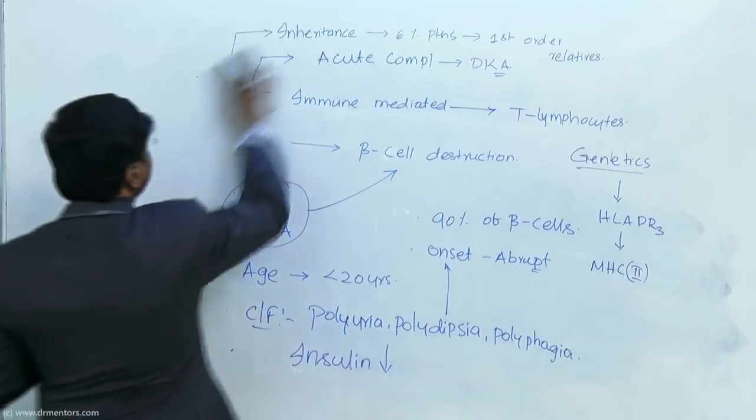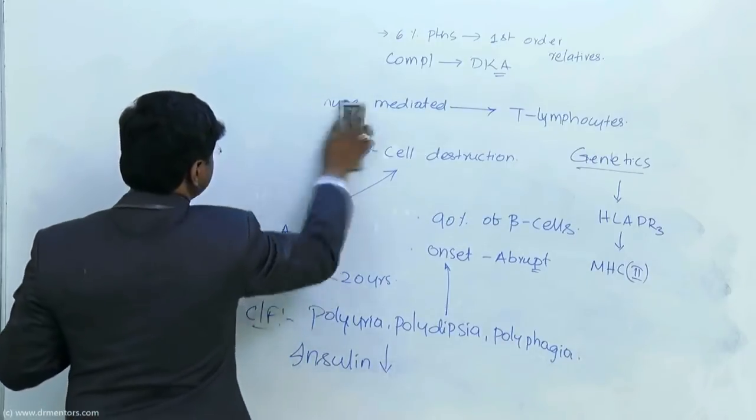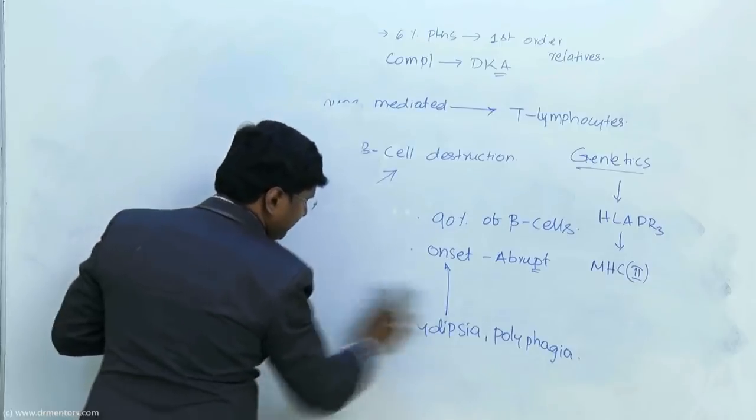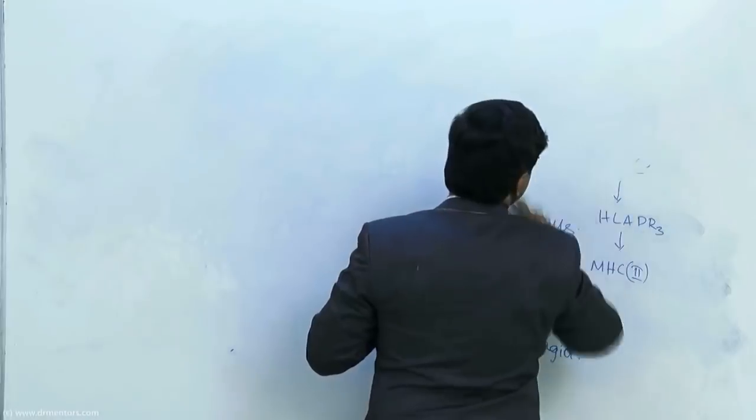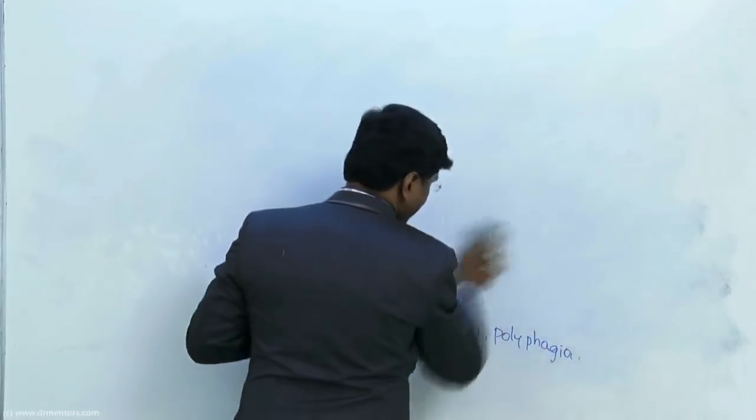Now you see the pathogenesis, that is autoimmunity. Why will there be development of the antibodies? Because those individuals who are having HLA-DR3 will develop these antibodies.